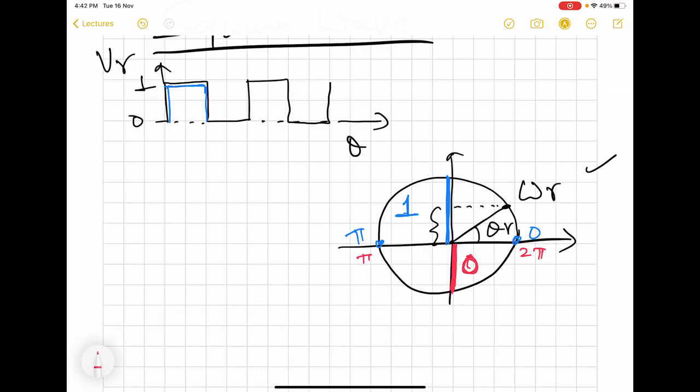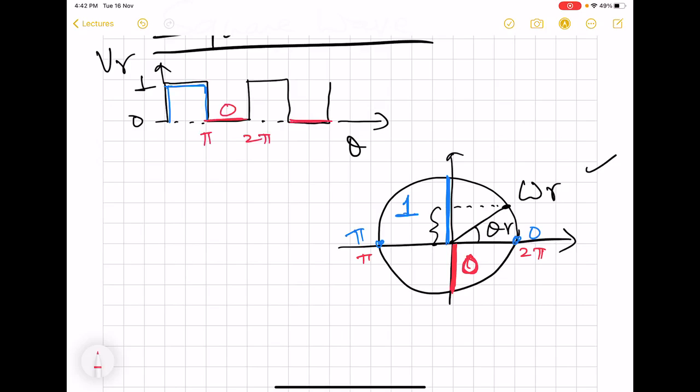Or we can take this as -1 also. So we can have a square wave between -1 and 1 or between 0 and 1. Both are possible. So the phase from 0 to pi corresponds to the value 1, and the phase from pi to 2 pi corresponds to the value 0.